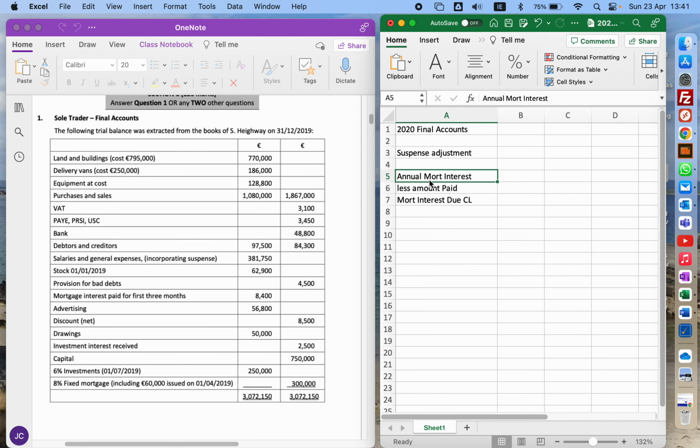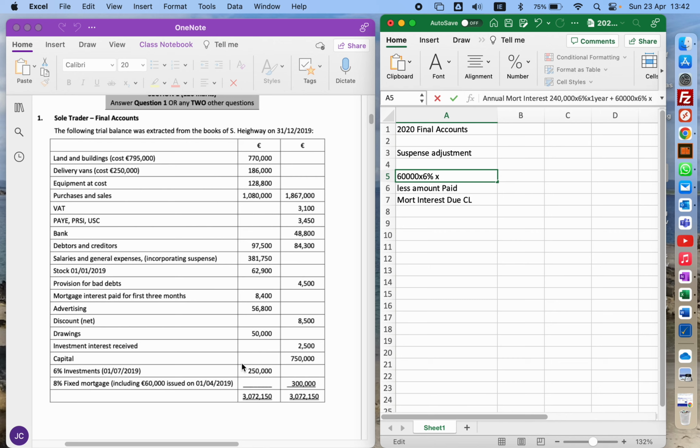So the mortgage interest is the old one, which is 240, multiplied by 6%, multiplied by 1 year. Plus the new mortgage, which is 60 grand, times 6%, times how many months?